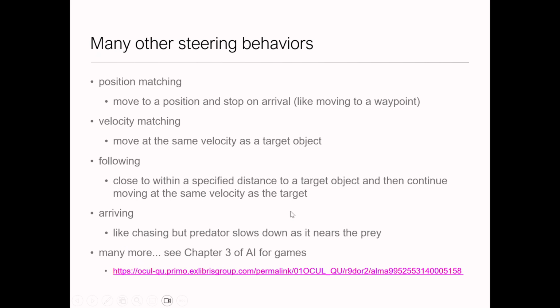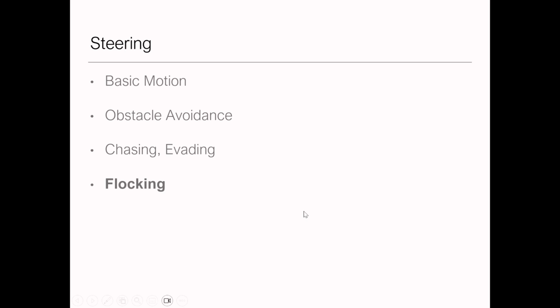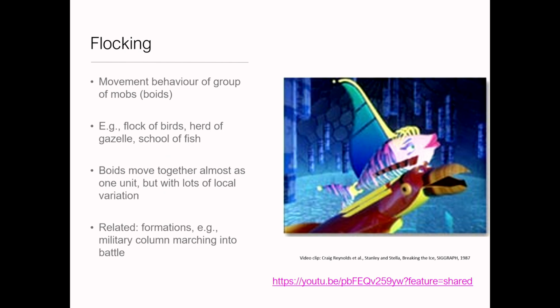Okay, so we could go on and on, but rather than that, we'll look at a slightly different but related topic. Your reading for this week is the original flocking paper. Flocking is a movement behavior of a group of similar objects.